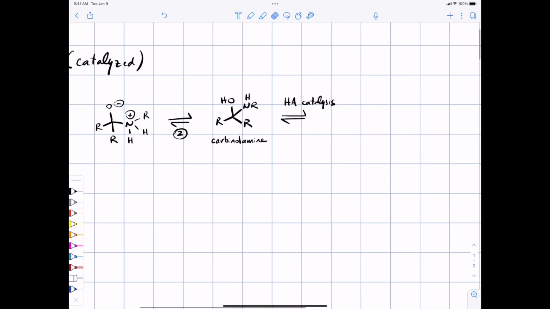This is the step in which the oxygen of the OH group needs to get protonated so that it can leave, and so that electrons on the nitrogen can kick down and kick off that leaving group to get us to the iminium ion.